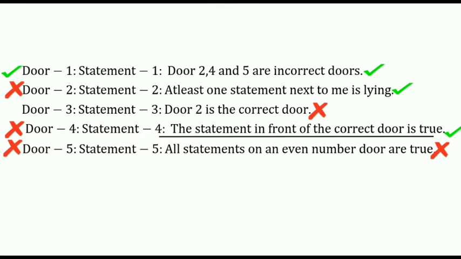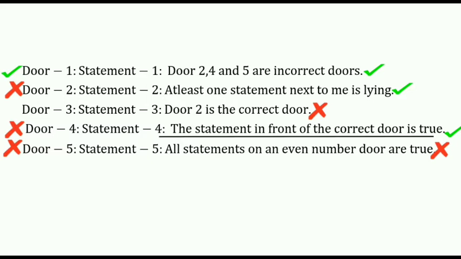But this is not good. This opposes the information given in the question, which is that only two statements are correct. But look at that, statements 1, 2 and 4, three statements are true. So making door 1 the correct door is not good.